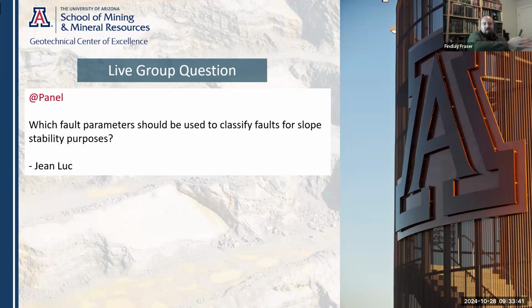The orientation of a fault, and the risk that it poses, is going to change depending on the orientation relative to the pit. We'd usually define that using the geotechnical design domains. So although we're diving into infill and all of these things, let's not forget dip direction relative to the pit slope, and which geotech design domain you're sitting in, is still an important thing as well. So that's classification of risk.